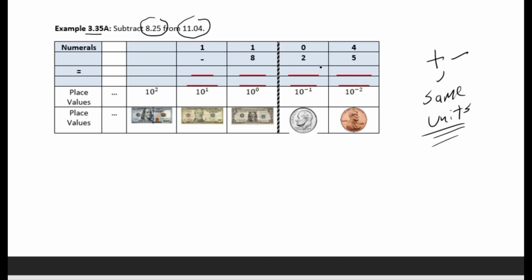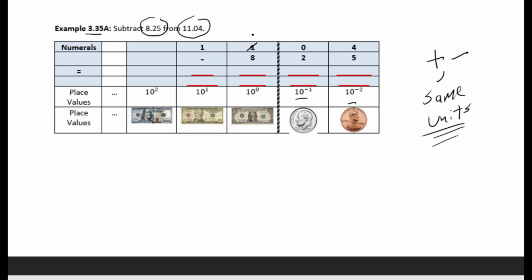So, anyhow, 0.25 means 2/10 and 5/100. There's the exponential notation, and there's what it represents if you look at it in terms of money. So, on this one, I'm going to have to regroup, right? Because you can't subtract 5 from 4. So I can't regroup from here, but I can take one of these. These are ones.